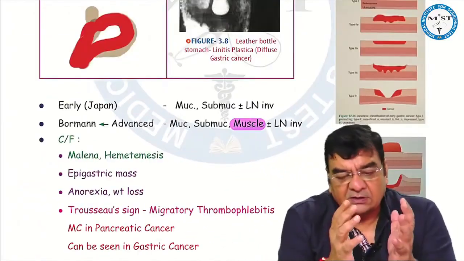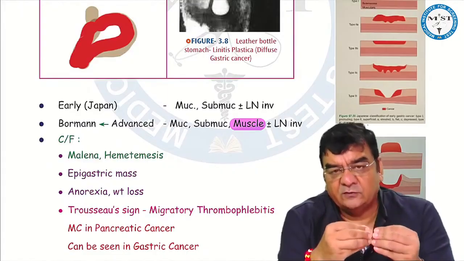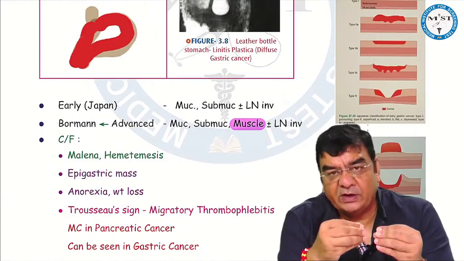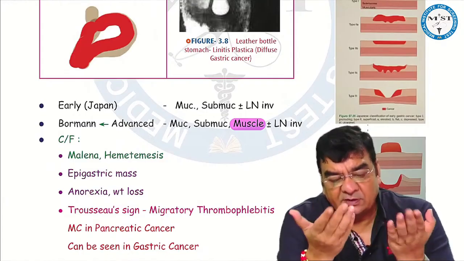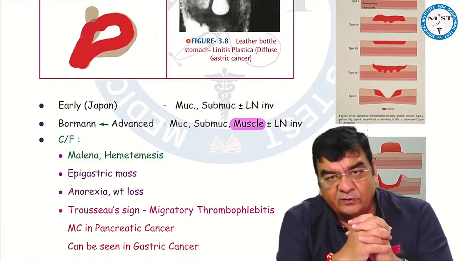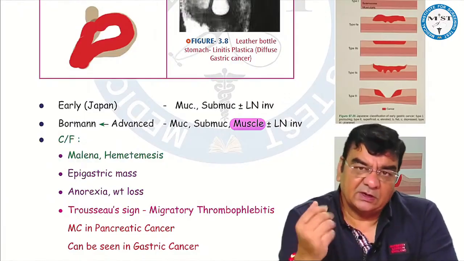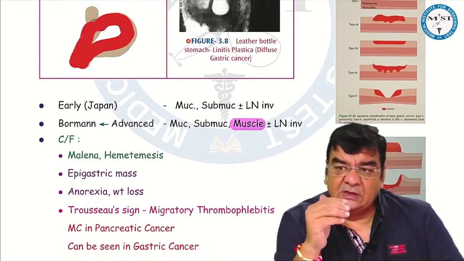If there is stomach cancer, it can bleed, as we know. Tumor anywhere in the body, it is not only the growth of the cells, but also the growth of the blood vessels, which can break and lead to bleeding. And these stomach cancers can present either as hematemesis or maybe melena, more often melena. Or there can be an epigastric mass as well. There can be anorexia, weight loss. We can find Trousseau's sign in stomach cancer.